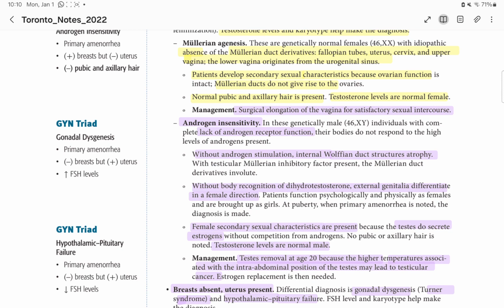Androgen insensitivity, like receptor dysfunction. So there are not enough androgen receptors to respond to the testosterone. That's why we have to do this.